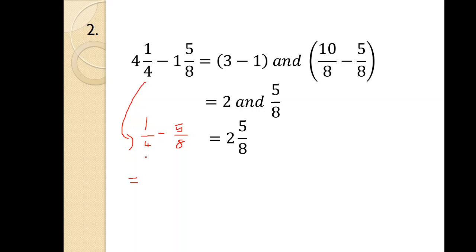Now you can see that we don't have the same denominator. To do that, you have to change that 4 to 8, where you multiply the first fraction by 2. If you multiply that numerator by 2, you are getting 2. The denominator 4 by 2, you are getting 8. So 2 over 8 minus 5 over 8.